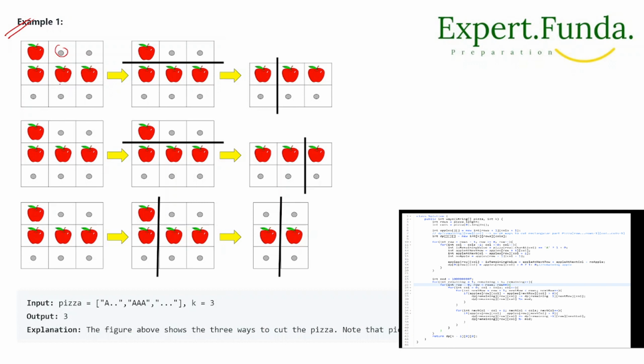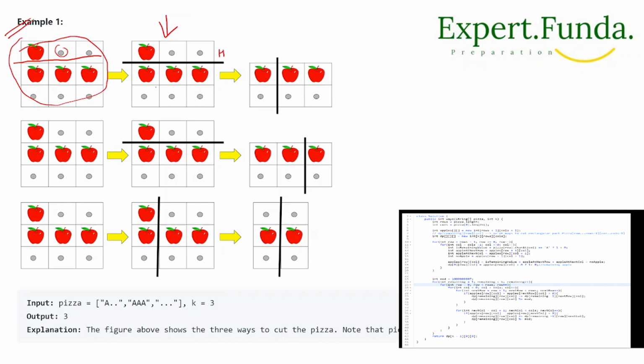Let's suppose someone has got this pizza. If I want to cut and give this pizza to someone else, the first cut is from here. First we are going with a horizontal cut, and we got this one.